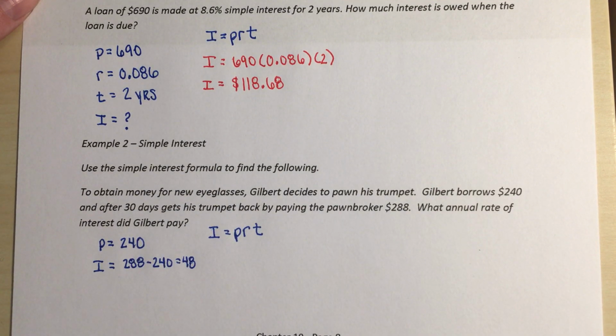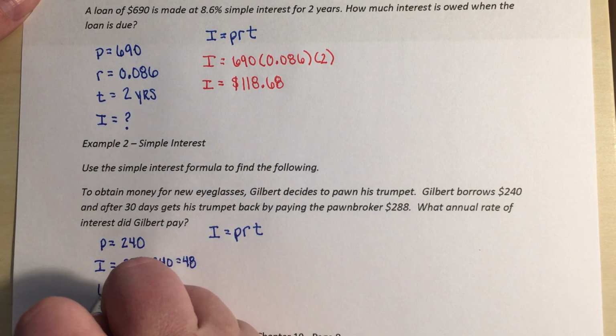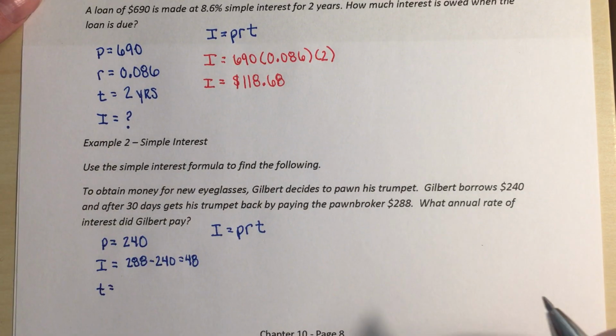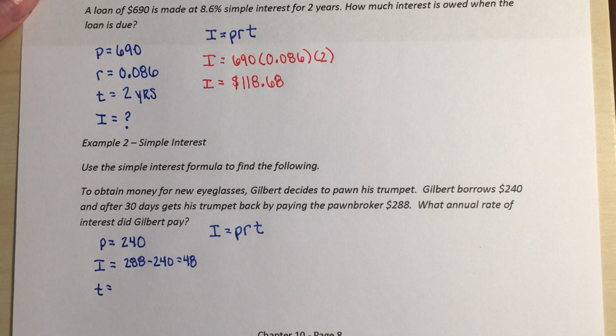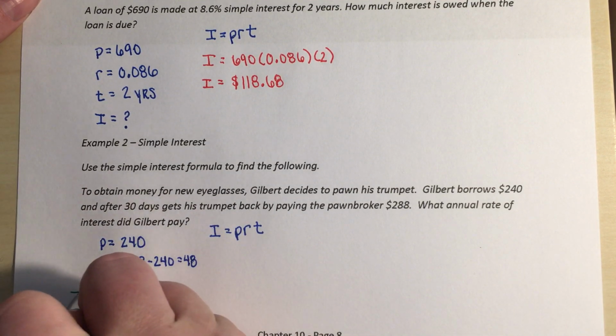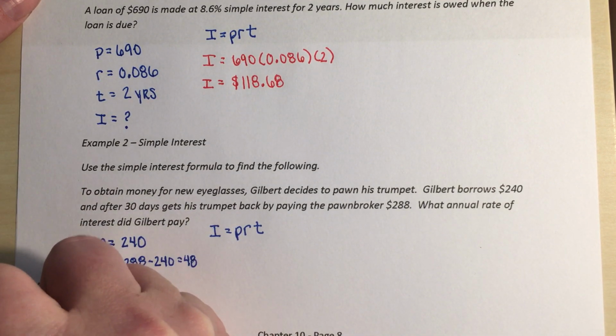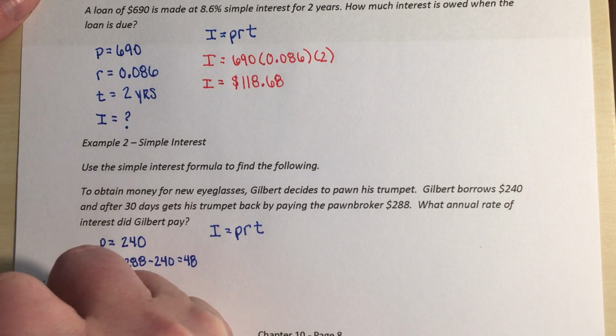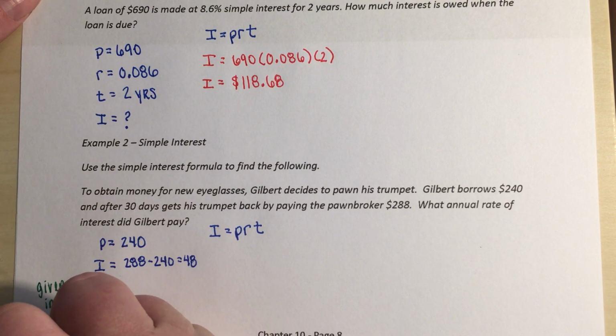If we have our final value and our principal, the difference between those two is the extra interest that was paid. Our time. Notice that our time is given in days. So just to make a little note here, our time was given in days.